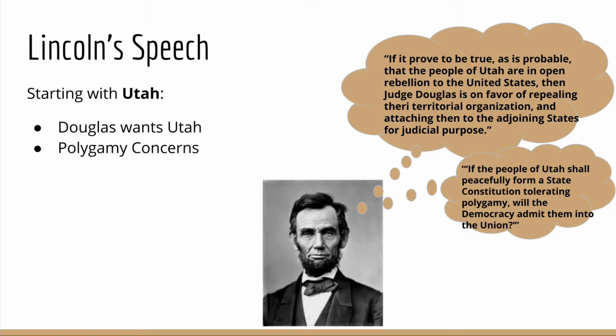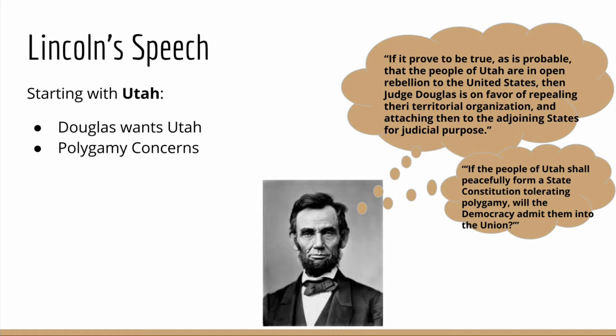Lincoln began by discussing Utah. Lincoln briefly touched on how Douglas wanted to add Utah as a state for judicial reasons, but Lincoln questioned what Douglas thought about Utah's acceptance of polygamy and why he wouldn't address it. Lincoln states, "If it proved to be true, and is probable, that the people of Utah are in open rebellion to the United States, then Judge Douglas is in favor of repealing their territorial organization and attaching them to the adjoining states for judicial purposes."